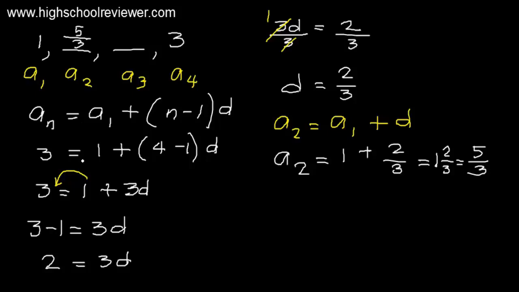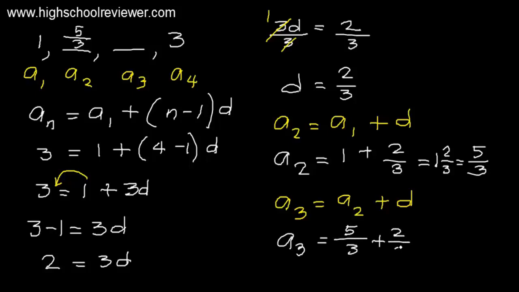Let us now solve for a sub 3. To solve for a sub 3, we will just add the value of a sub 2 to d. So a sub 3 will be equal to a sub 2 plus d, which is 5 over 3 plus 2 over 3.